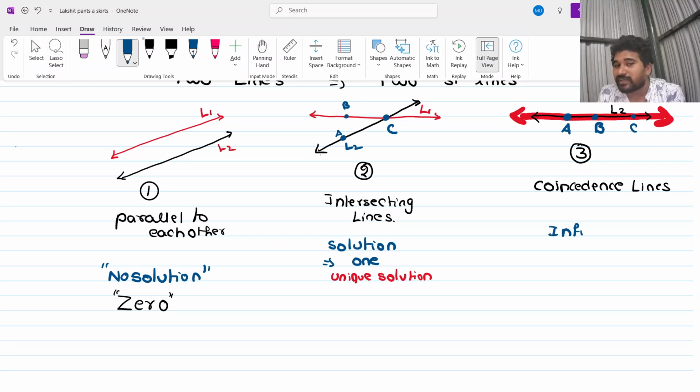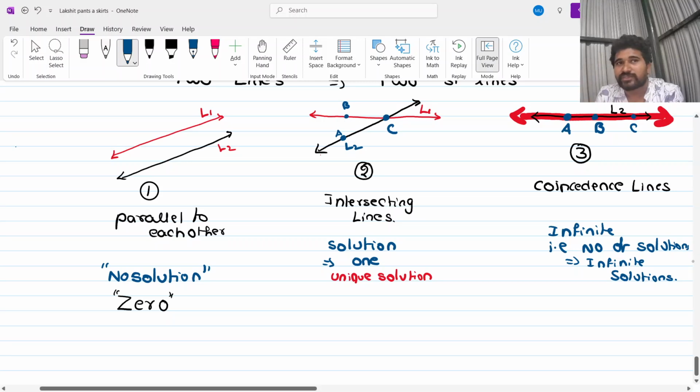Infinite. That means number of solutions is infinite solutions. Clear that thing now?